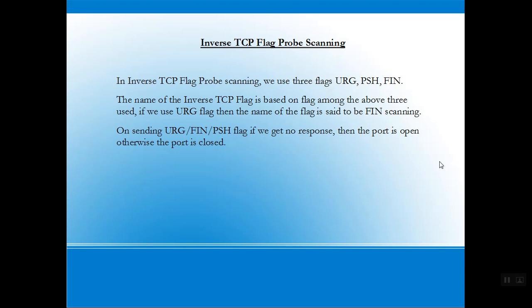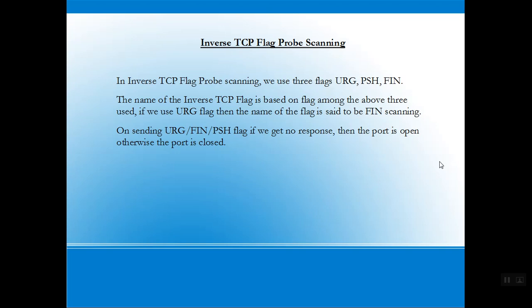Now comes inverse TCP flag probe scanning. In inverse TCP flag probe scanning, we use 3 flags: URG, PSH and FIN. The name of the inverse TCP flag probe is based on the flag among the above three used. If we are using a URG flag, the type of flag probe scanning we are using is a URG scanning.